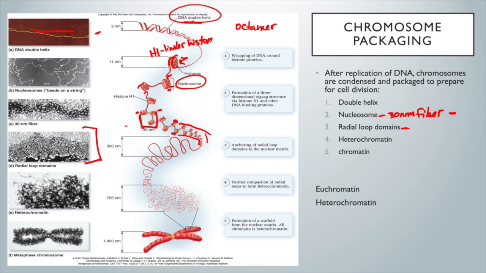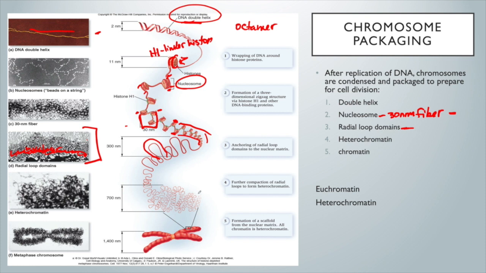And this is a bunch of protein here known as the nuclear matrix. And that nuclear matrix, we studied when we looked at cellular structure. The nuclear matrix will be used to anchor these radial loop domains and cause them to begin compacting even further. So our 30 nanometer fiber moves into radial loop domains. That's what we see here.